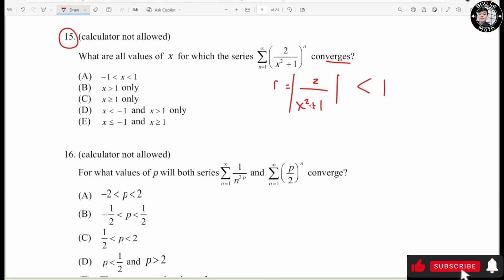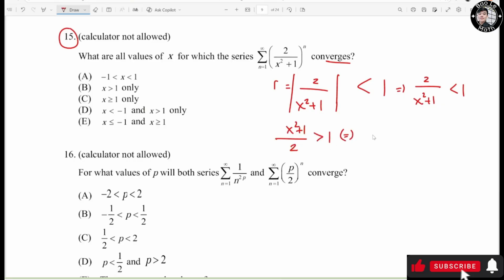Now observe that the expression inside the absolute value sign is always positive, right? So I just remove the absolute value sign. So it's 2 over s squared plus 1 less than 1, right? Take the reciprocal of both sides, so it becomes s squared plus 1 divided by 2 greater than 1, right?